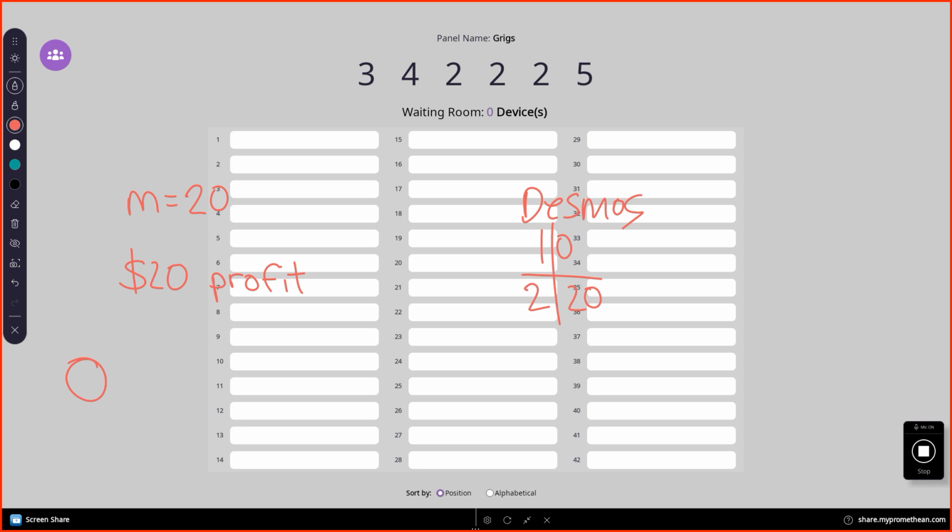Did everyone get a warm up? Yeah. Does everyone have a warm up that's stapled together? Yeah.